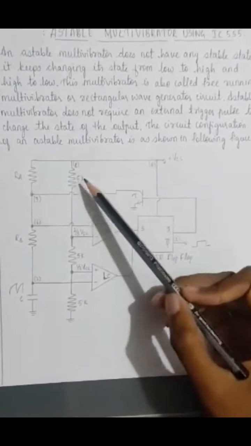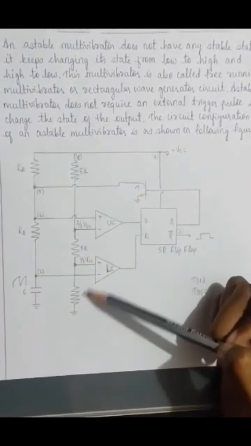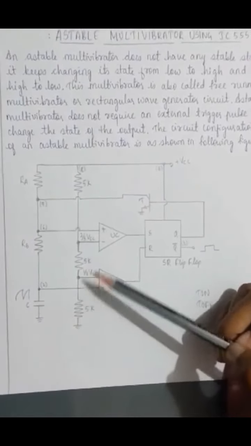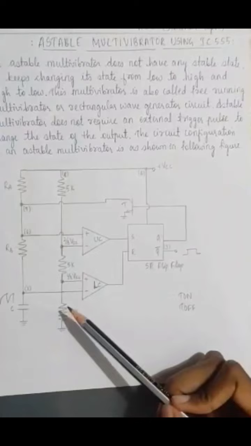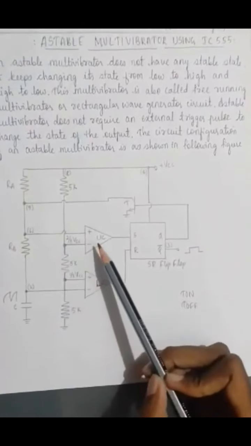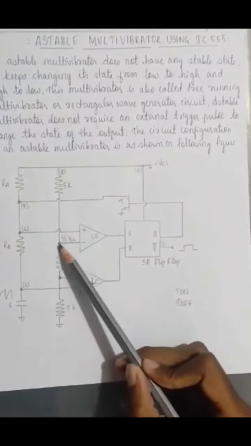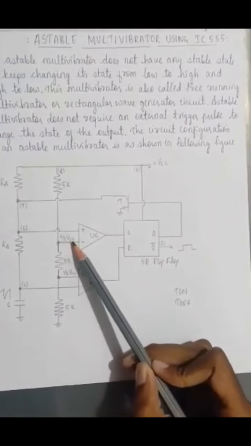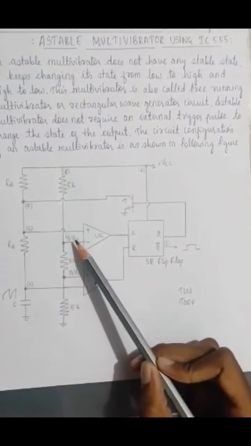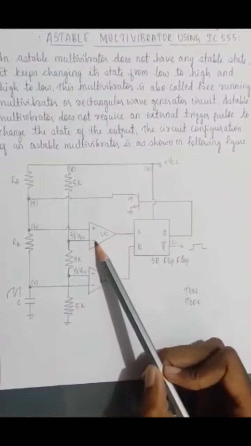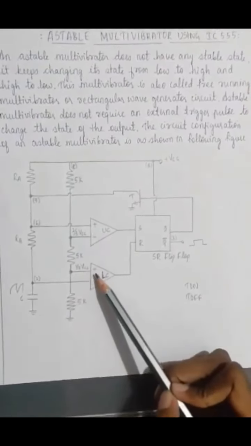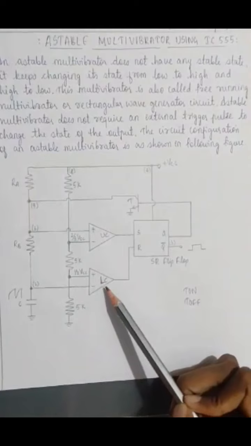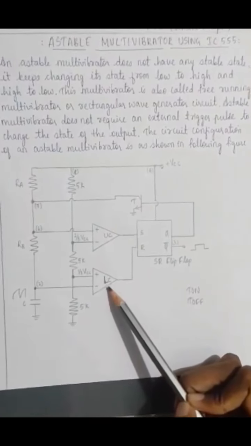And there are three resistors of 5 kilo ohms, which act as a voltage divider circuit which helps in setting the voltage for the comparators. 2/3 VCC is connected to the threshold pin of the upper comparator, and 1/3 VCC is connected to the trigger pin of the lower comparator.